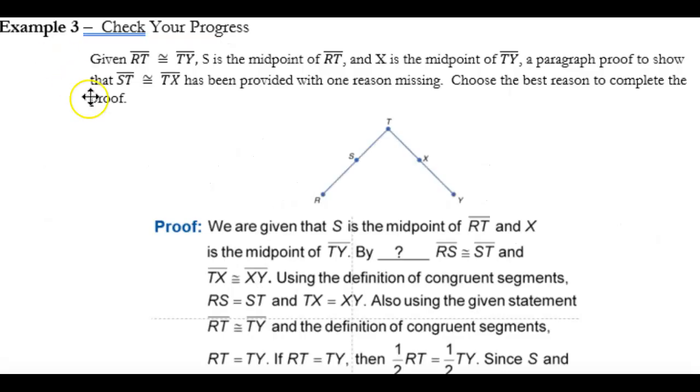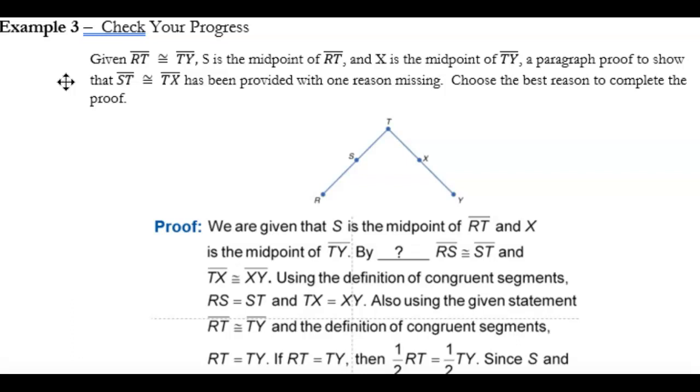So the next one here is just going to be filling in this blank here. We have this picture. We have that RT and TY are congruent, and S is the midpoint of that section.